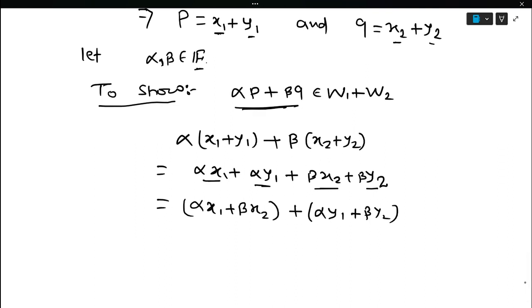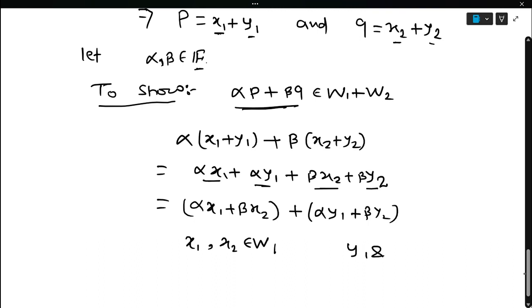Now we observe x1, x2 belong to W1, and y1 and y2 belong to W2.